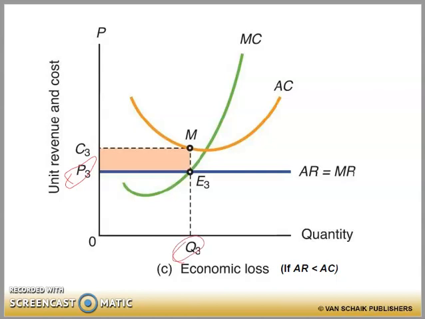At that quantity, the firm's average revenue is lower than the average cost, as you can see. It therefore makes an economic loss per unit of output produced, equal to the difference between C3 and P3. So total economic loss is represented by the shaded area there.